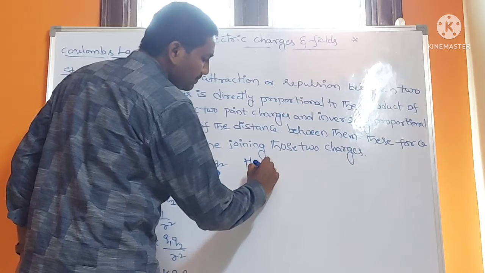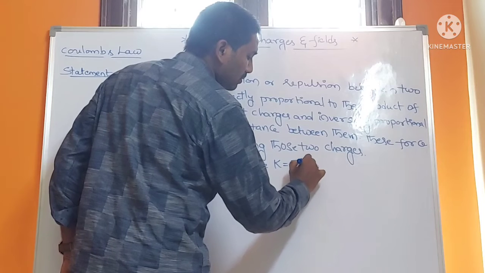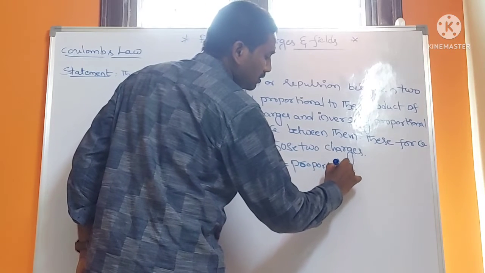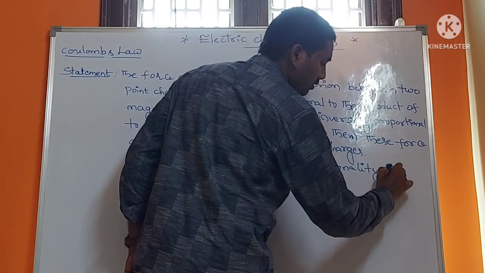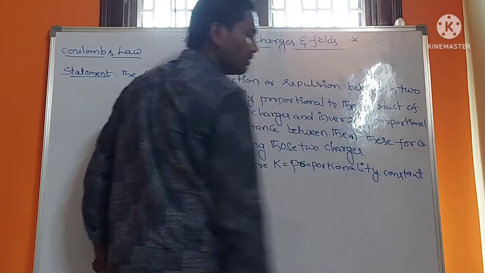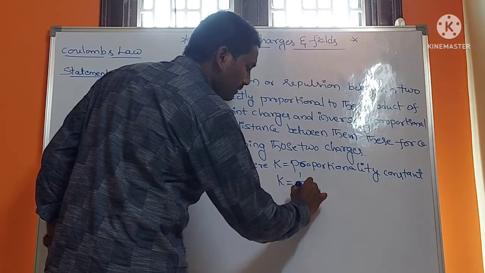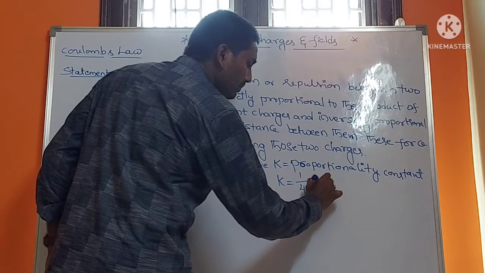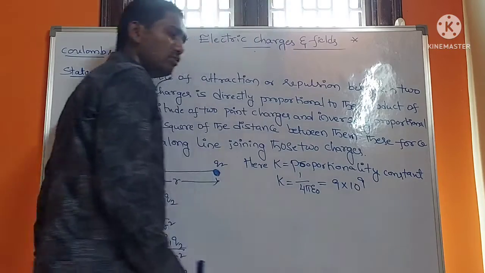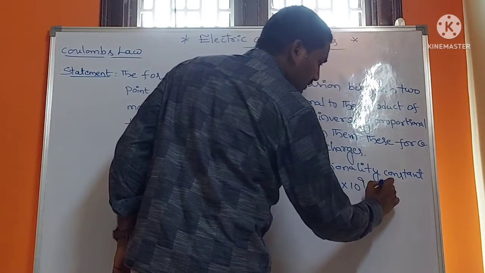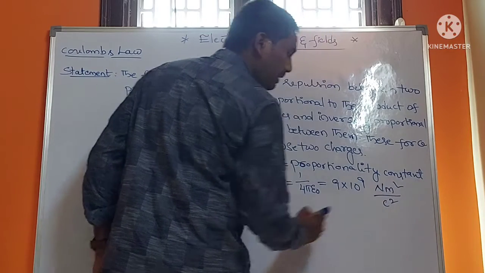Here K is the proportionality constant. Now this value K is equal to 1 by 4 pi epsilon naught, which has a total value of 9 into 10 to the power of 9 Newton meter square by Coulomb square.